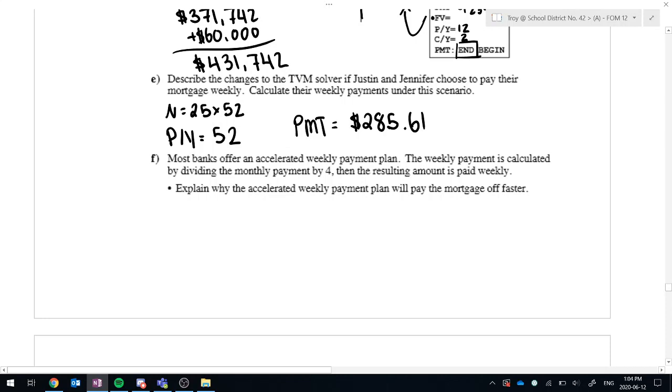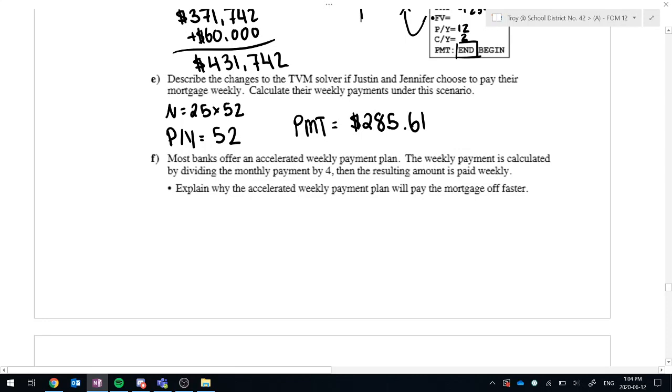Question F. Most banks offer an accelerated weekly payment plan. The weekly payment is calculated by dividing the monthly payment by 4, and the resulting amount is paid weekly. So you might ask yourself, what's the difference between doing this or just simply making weekly mortgage payments? Well, there would be more compounding periods if we did this.